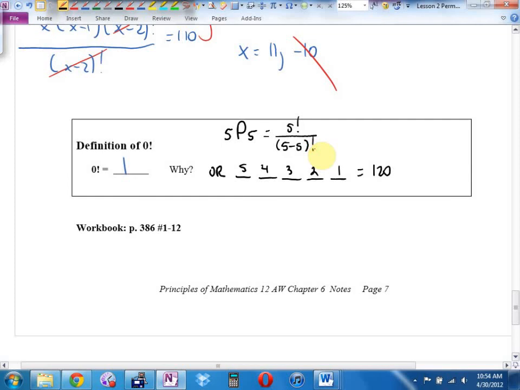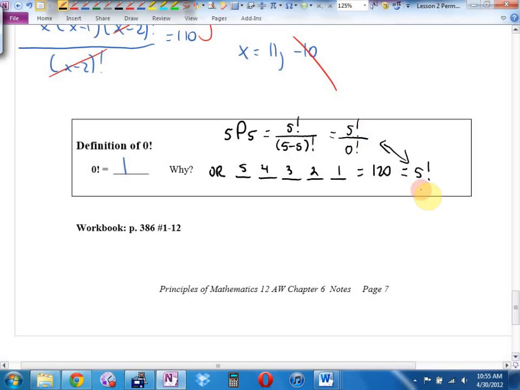Right? Steph, what's 5 take away 5? This is 5 factorial, take away 0 factorial. Now, by the way, this 120 is 5 factorial, and these both have to be the same answer. The only way to get the same answer is if 0 factorial works out to the same thing that's on the bottom right here.